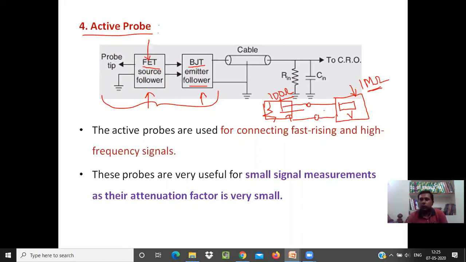When two resistors are connected in parallel, their resultant resistance decreases. So the circuit output resistance will decrease, and once the resistance is decreased, the voltage drop across it also decreases.